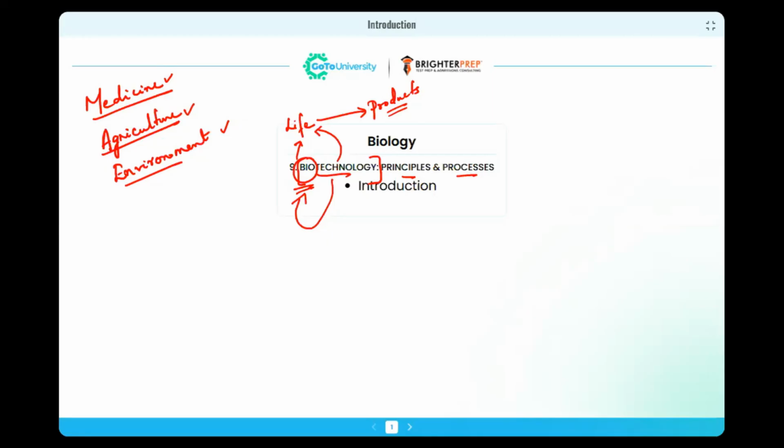And in this class, we are going to learn about the principle and the processes which we are conducting during this technology. Actually, the history of biotechnology stretches back thousands of years, even before the term biotechnology was coined. That is ancient times, the humans have been using simple biotechnological processes for centuries, even before the science was understood.